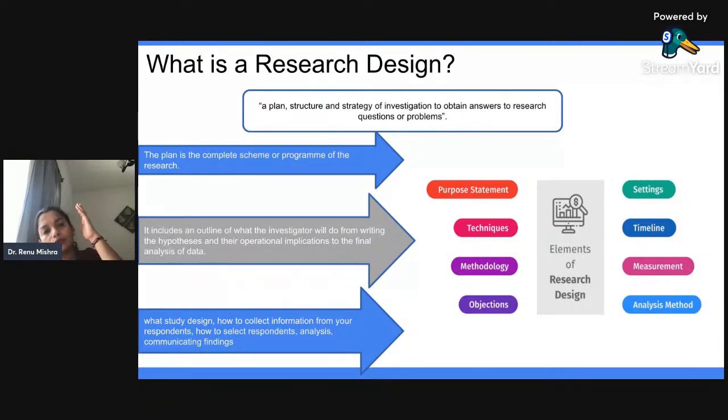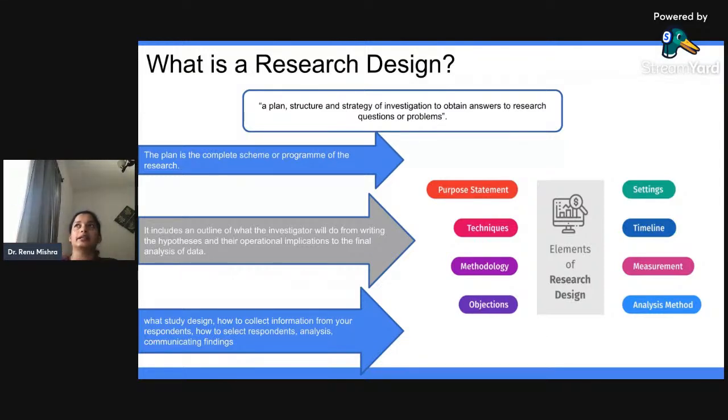The moment you are finished with your literature, you begin: how am I going to select the respondents, collect the data from them, and analyze it? What will be my timeline to complete my research, what will be my setting, and what analysis techniques will I be using? All that becomes your research design.